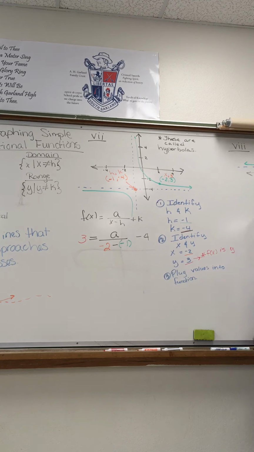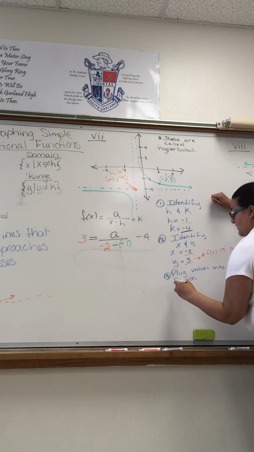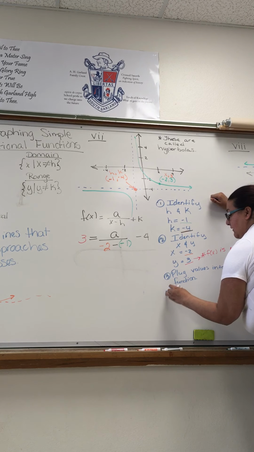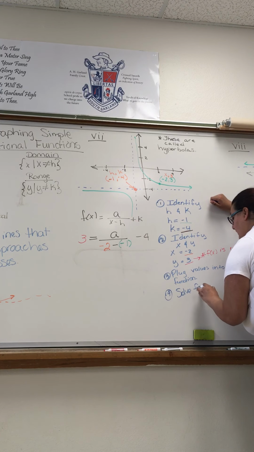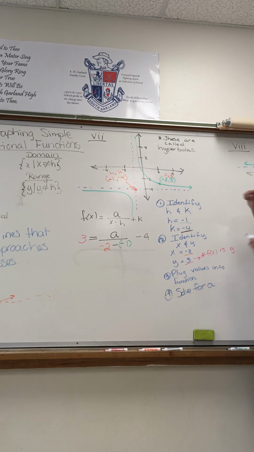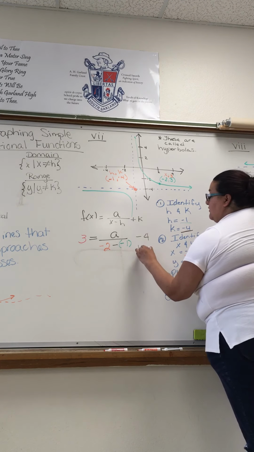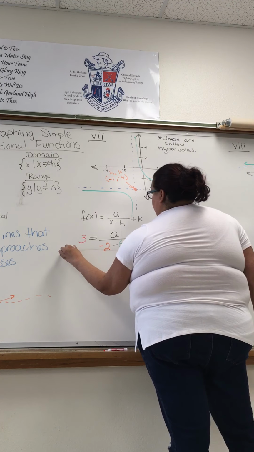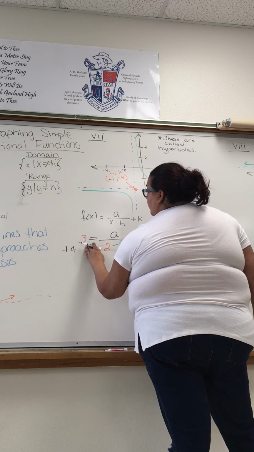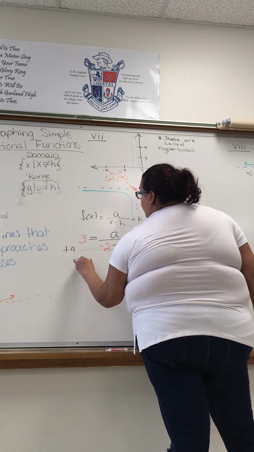So the final step that you are going to do is you are going to solve for a. So then step 4, we solve for a. So when I solve for a, I'm going to go ahead and add 4 to this side. So 3 plus 4 is 7.